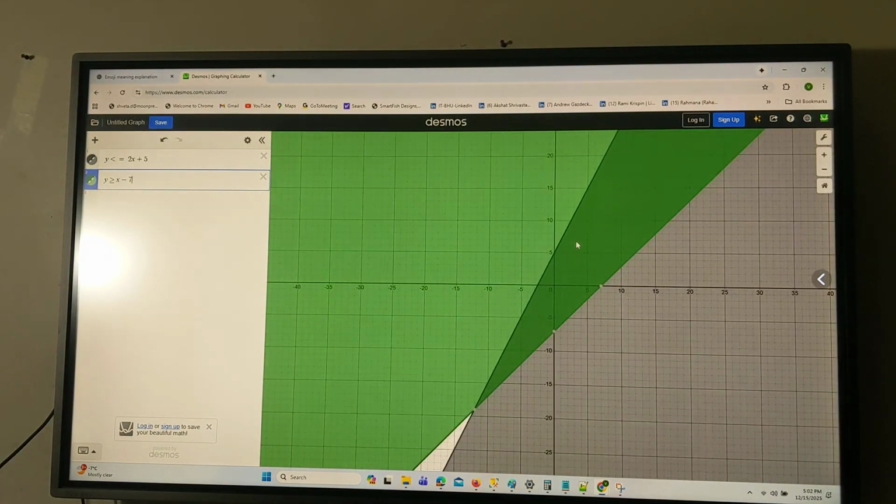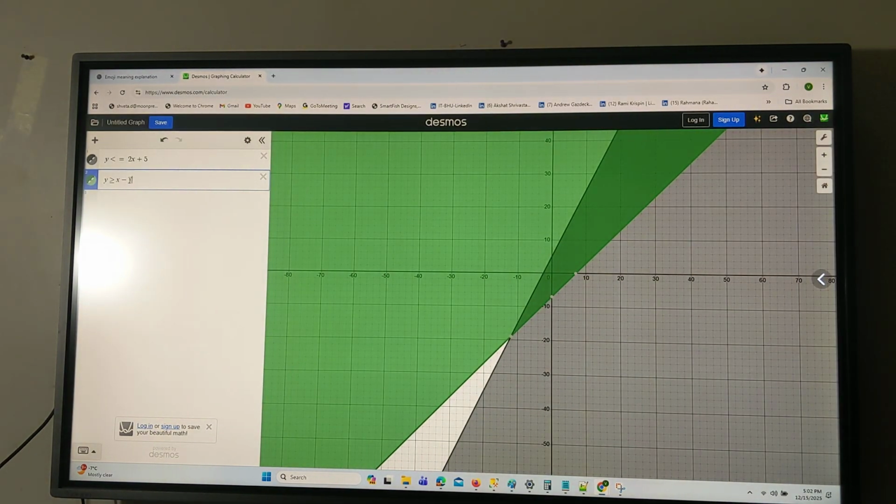This is the region represented by the second line. Then you can find that the common region is here. For example, a question could come up: which of the following points lies in the region contained by these two straight lines?